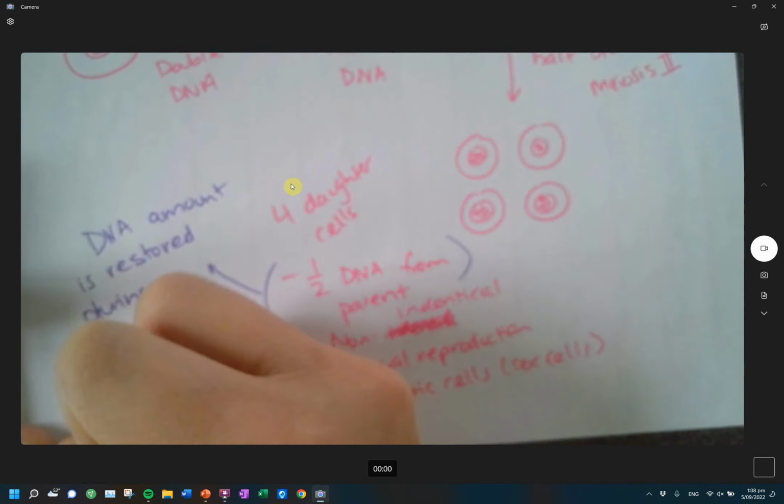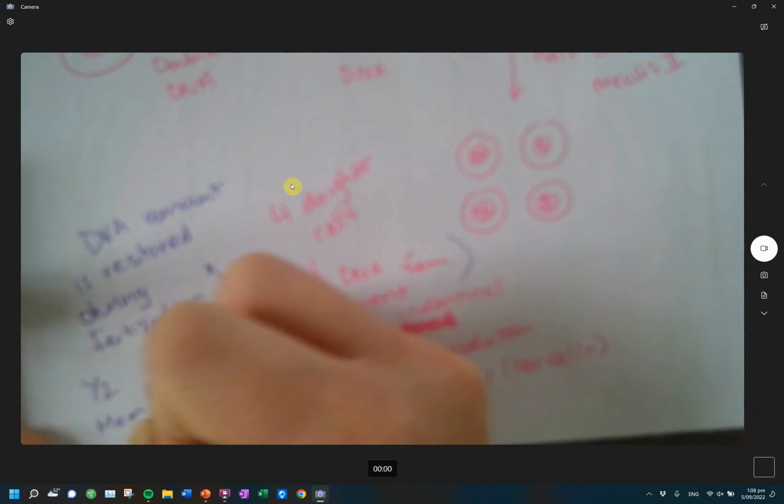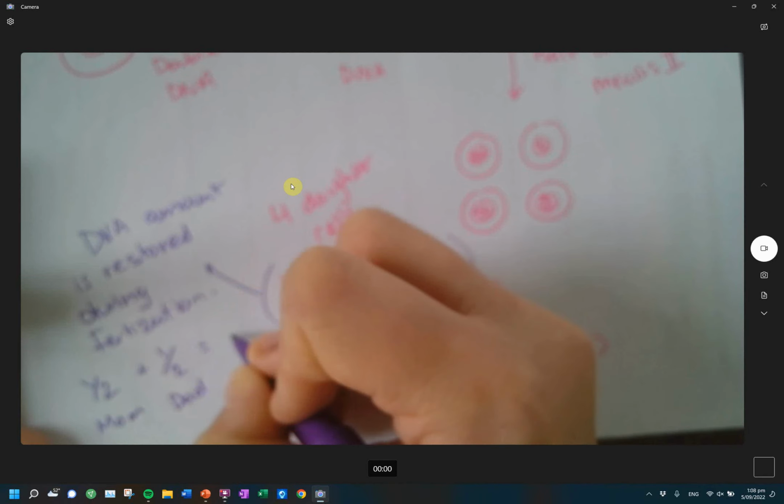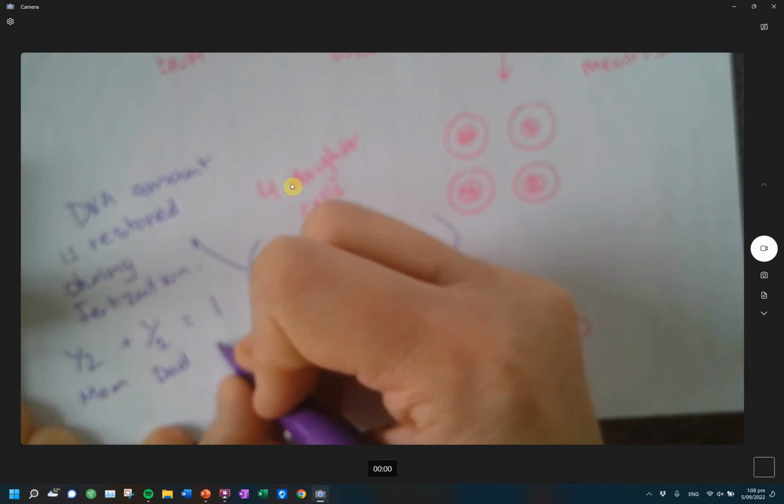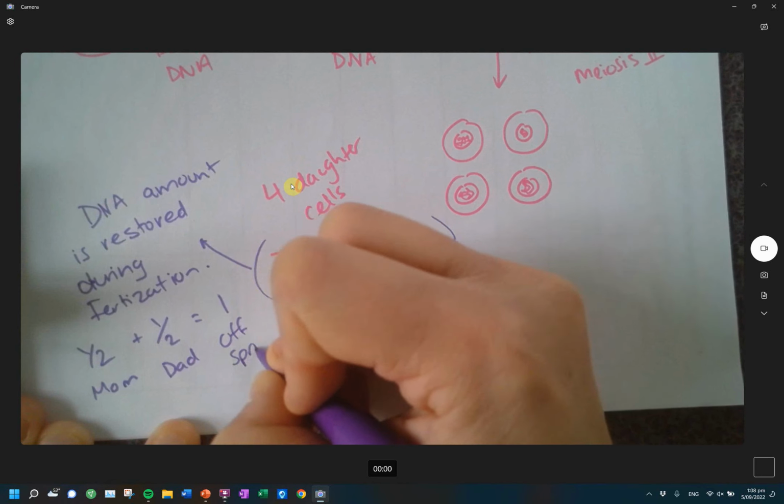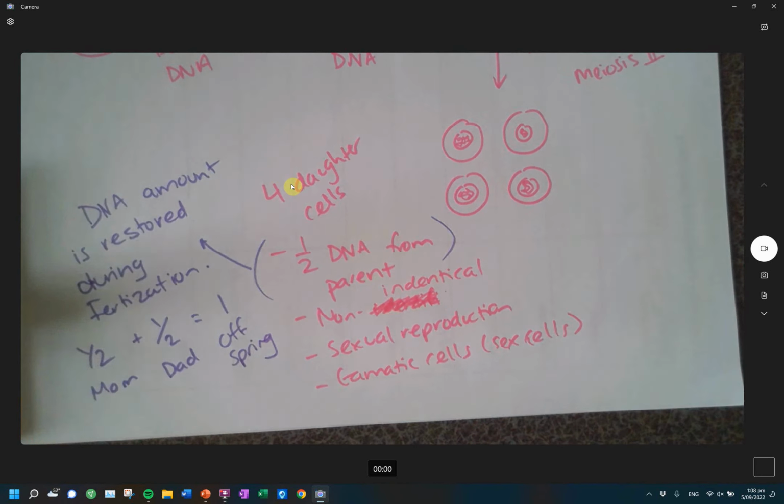You get half from mom, you get half from dad, and together you get one full person, which is your offspring. Gametic cells.